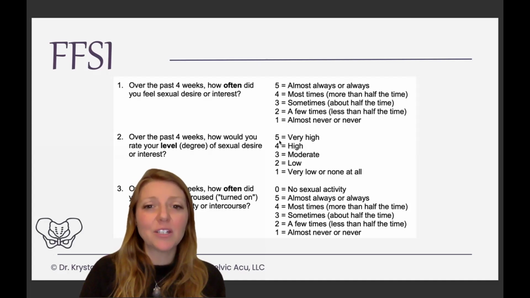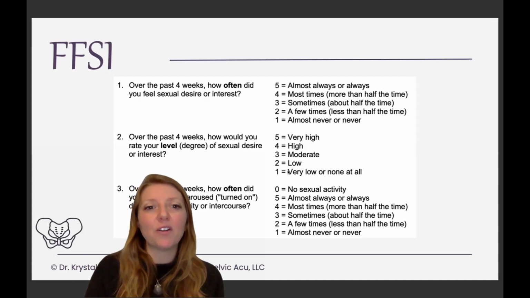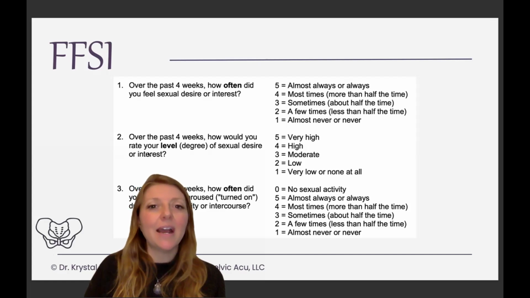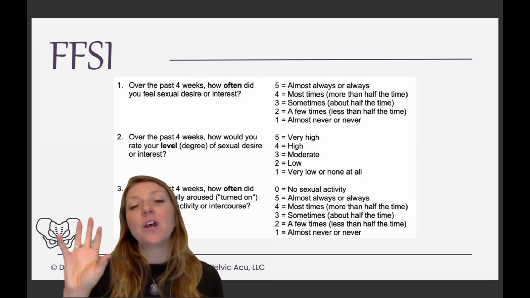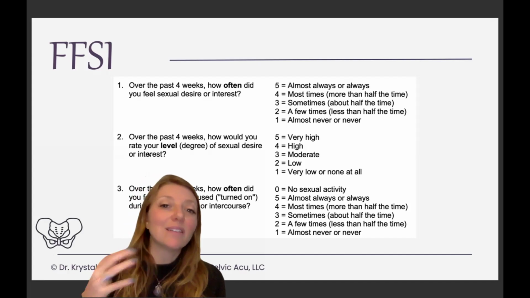And these numbers actually change throughout the scale, like what they stand for. So if you look at question number 2, over the past 4 weeks, how would you rate your level, degree of sexual desire or interest? The first one was about frequency, how often, and the next one is about the level.